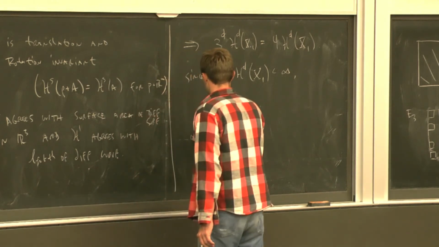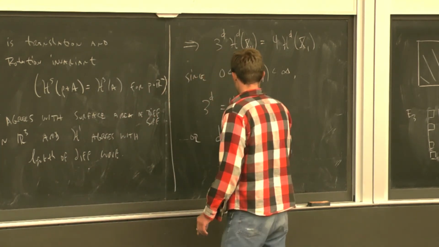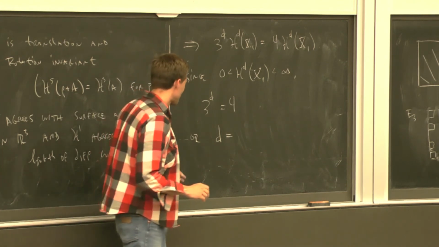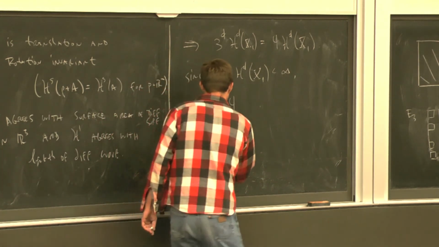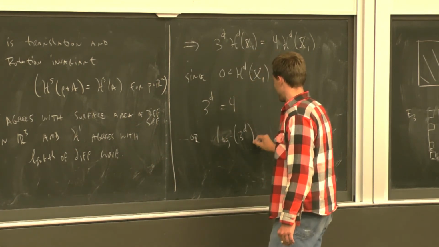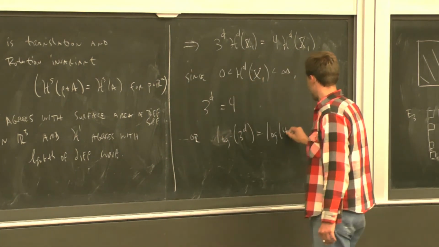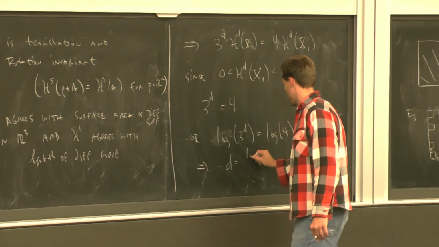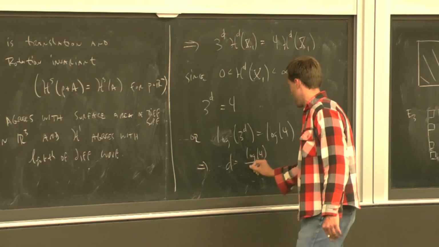So to solve for D, we take the log of both sides: D times log of 3 is equal to log of 4. So we get that D is equal to log of 4 over log of 3.